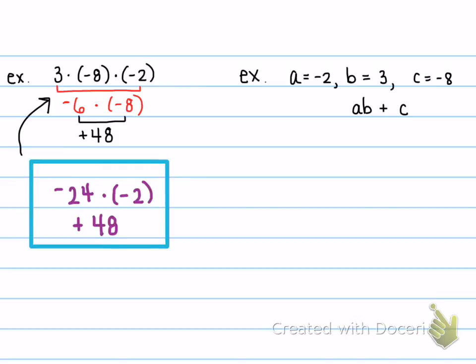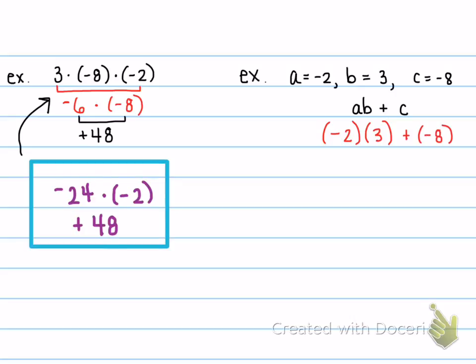We have to understand that when you have two variables directly next to each other, what that means is you're multiplying those two variables. So when I plug in for A and B, I'm going to write that as A being negative 2 and B being 3. Remember, when you have two parentheses right next to each other, that means multiplication. So I know that's multiplication, and then plus negative 8.